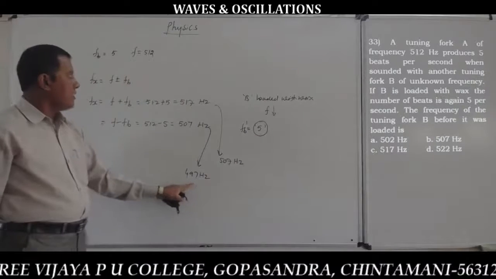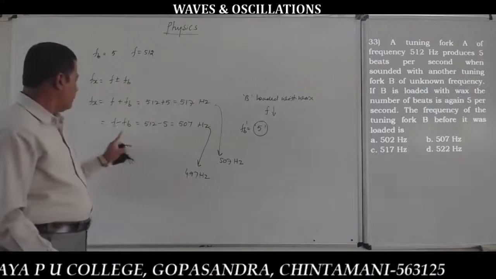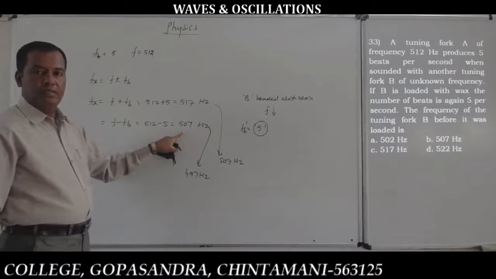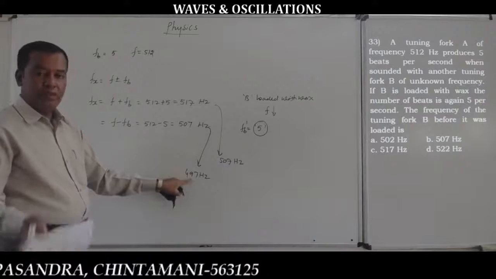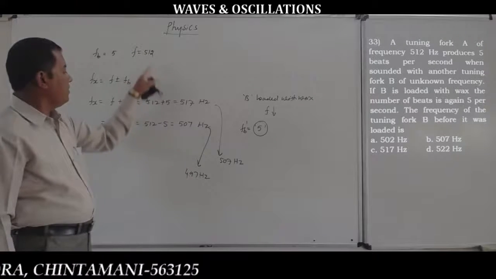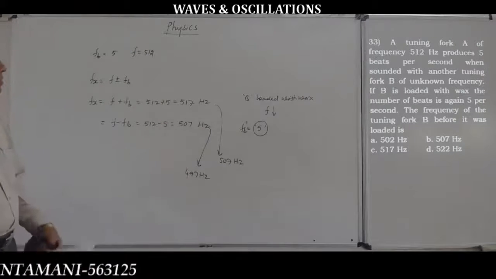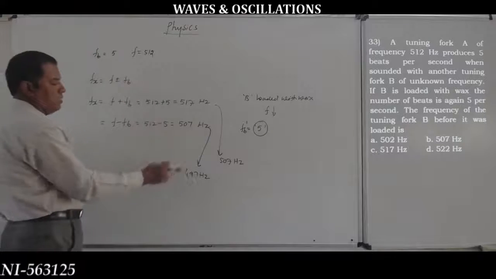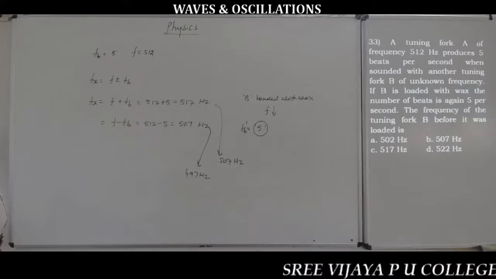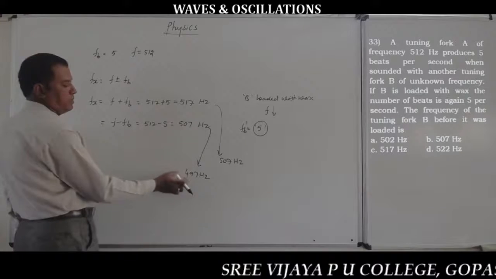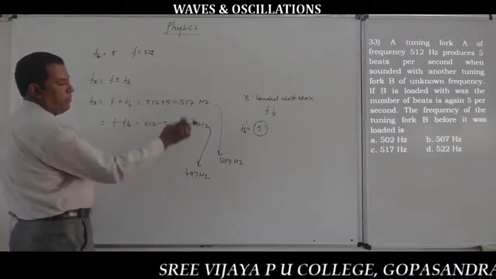If it is 507 before loading and 497 after loading, and you find the difference, 512 minus 497, we cannot match 5 Hz.